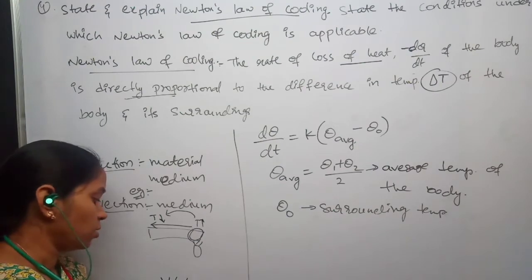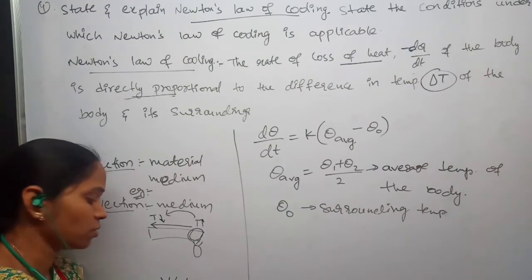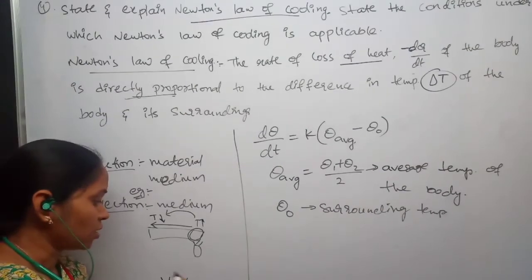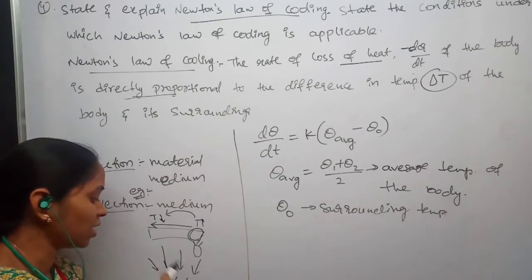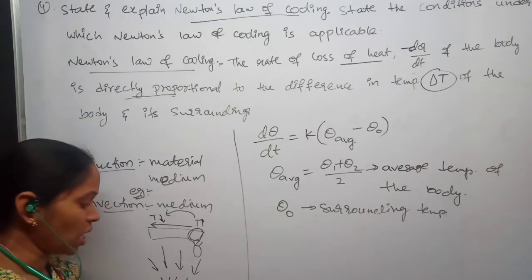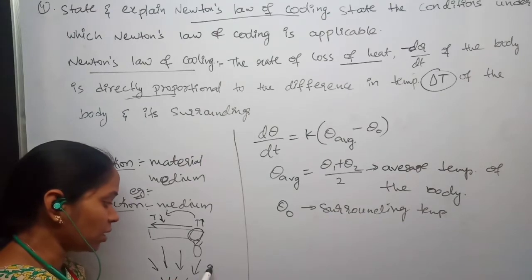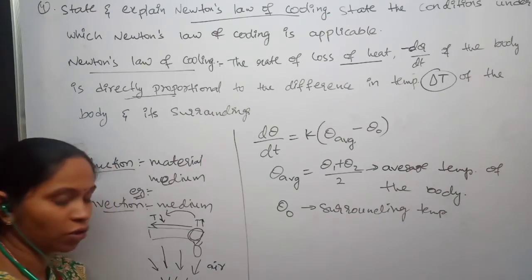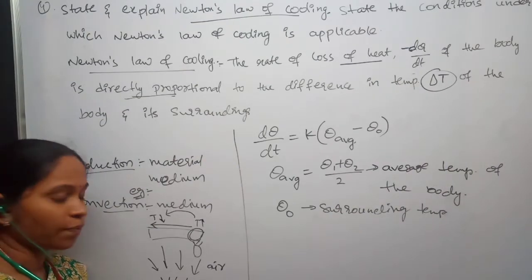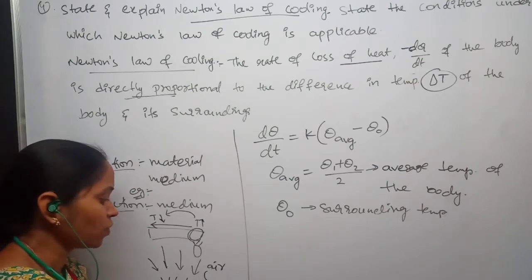And coming to convection, our earth is heated. This is the earth surface. We just assume our earth surface is heated by the sun rays. And here the heat transfer between the earth surface and the air molecules takes place because of convection.